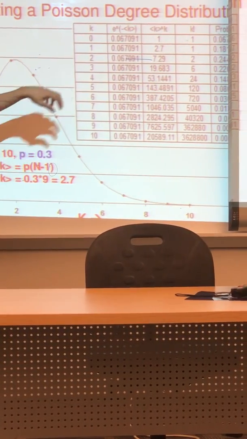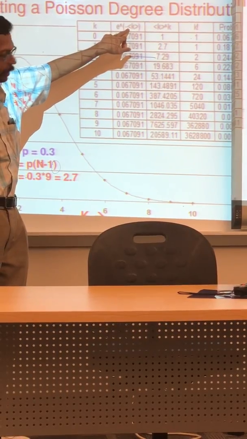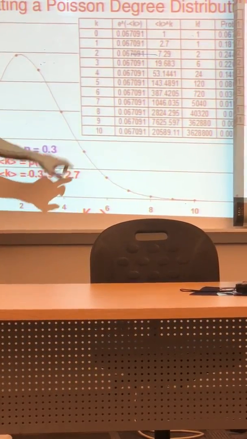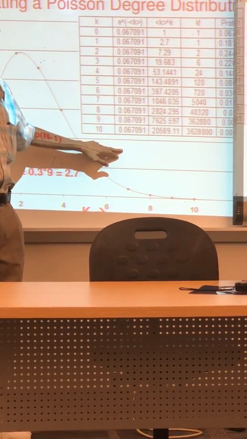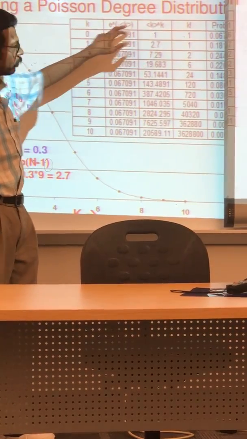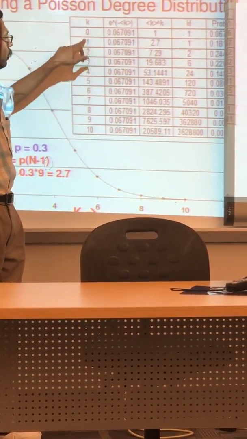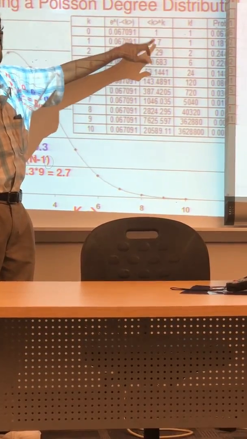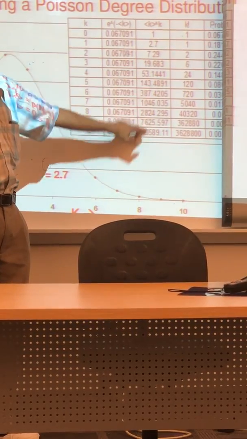Then e to the power of negative average degree. The average degree given to you is 2.7, so e to the power of negative 2.7 is the same value for all the entries. Then the average degree 2.7 raised to the k value. So 2.7 raised to 0 is 1, 2.7 raised to 1 is 2.7, 2.7 raised to 2 is 7.29, and so on.